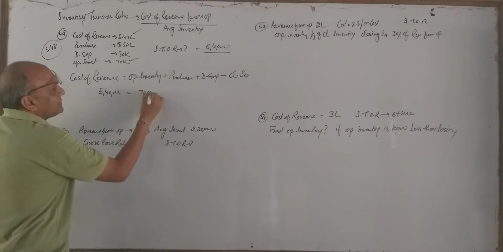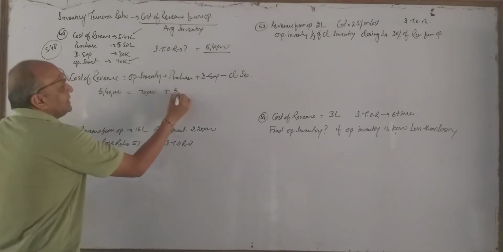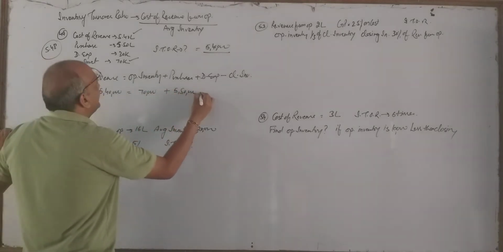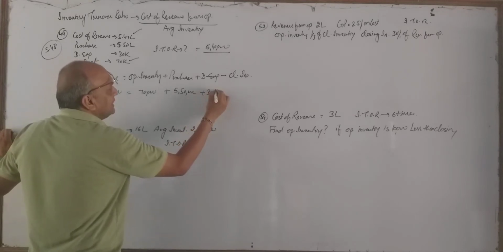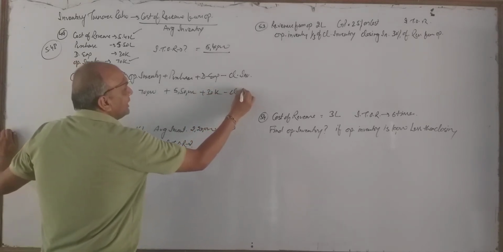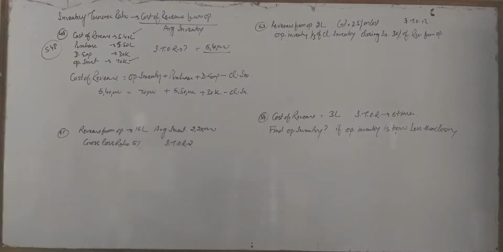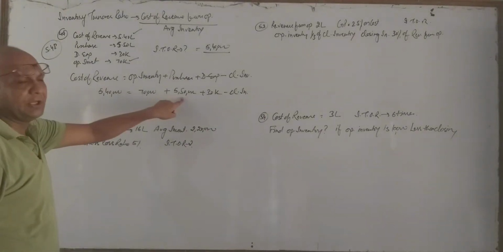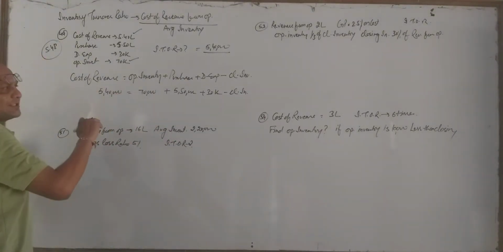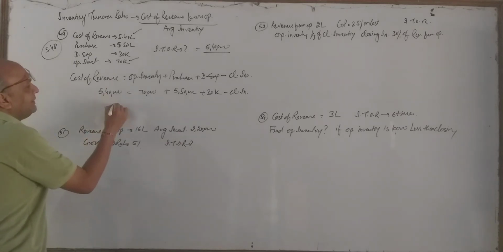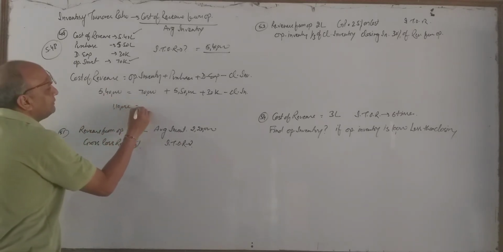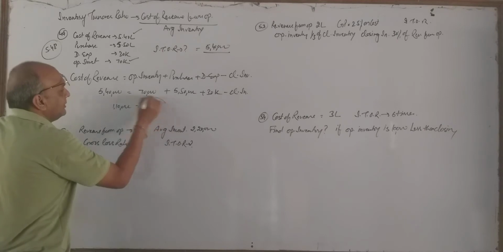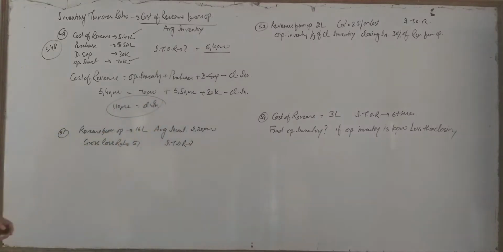Opening inventory 70,000. Purchase 5,50,000. And direct expenses 30,000. Minus closing inventory, which is not given, that we can find now. The total becomes 6,50,000. This we will transfer to this side, and 1,10,000 will be our closing inventory.